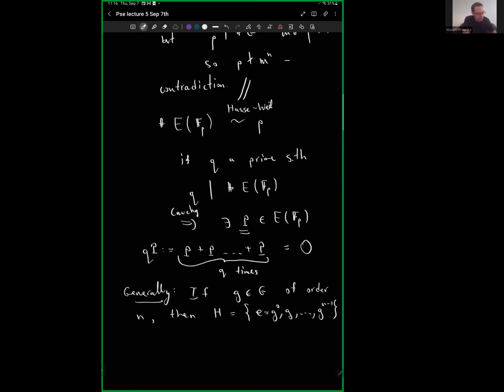And in this description of the set, all the elements are distinct.